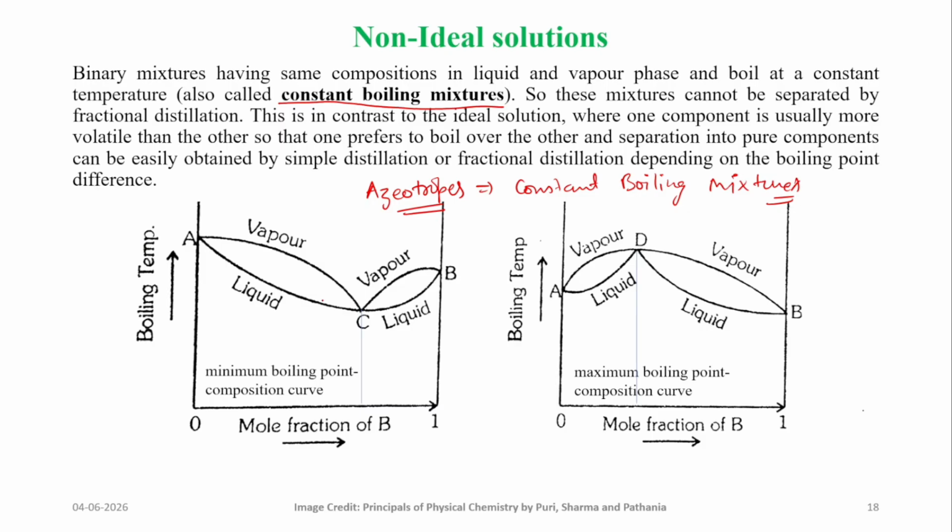So there are two types of azeotropes: minimum boiling azeotrope and maximum boiling azeotrope. First, minimum boiling azeotropes. As the name suggests, they require minimum boiling.